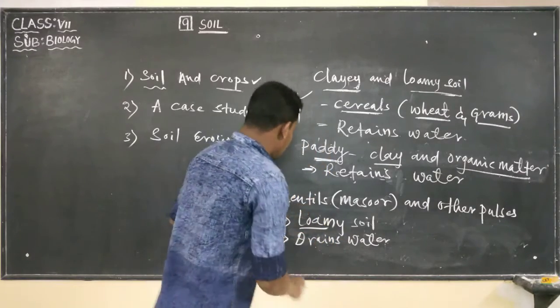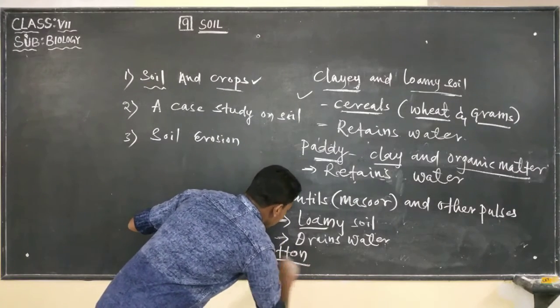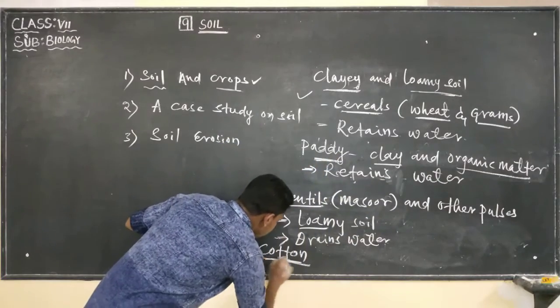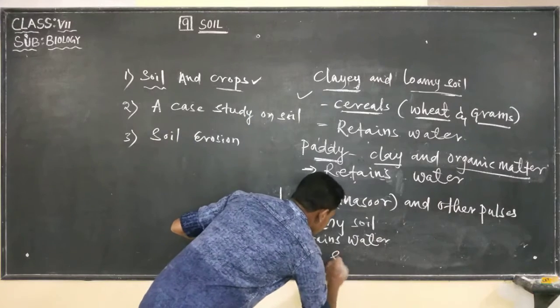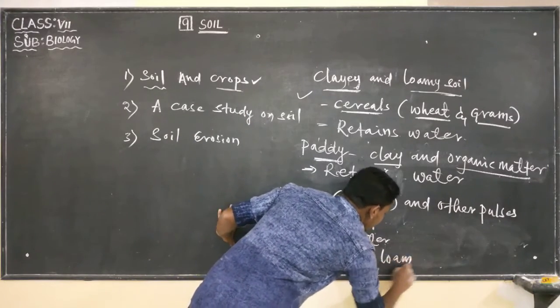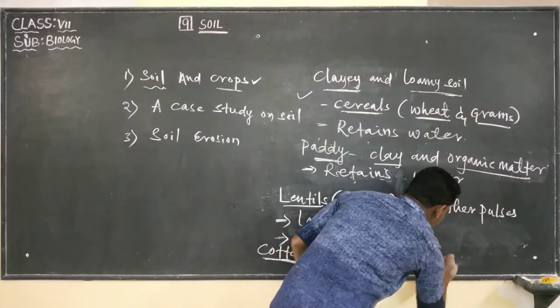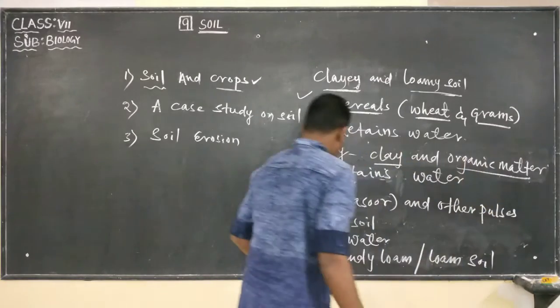Now we are discussing cotton. Cotton grows best in sandy loam or loam soil.